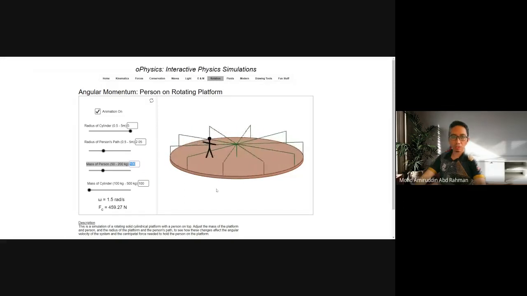Now you have your omega over here, and you have the centripetal force. You need to determine your angular velocity. The velocity is already given, and the centripetal force is also given, so that's not the problem.